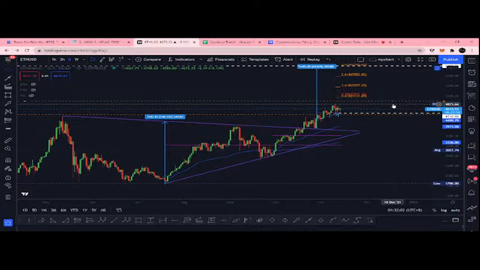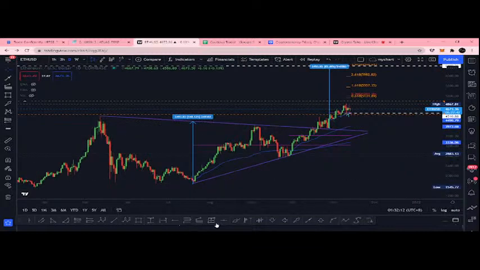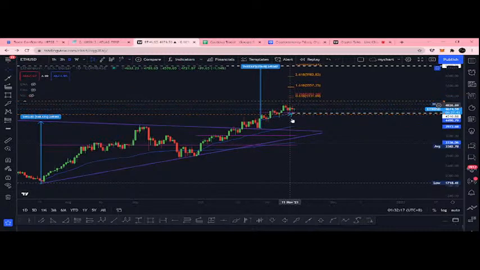I mean, today until tomorrow morning. I'm expecting a possible doji or even a bullish engulfing.